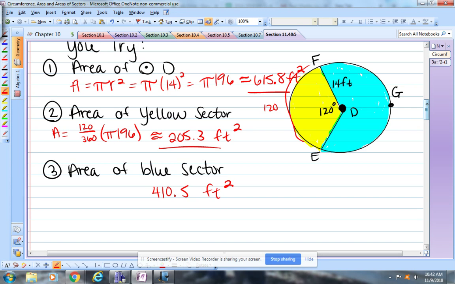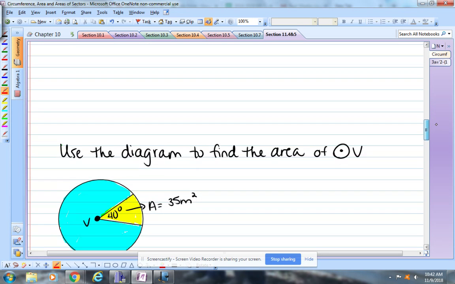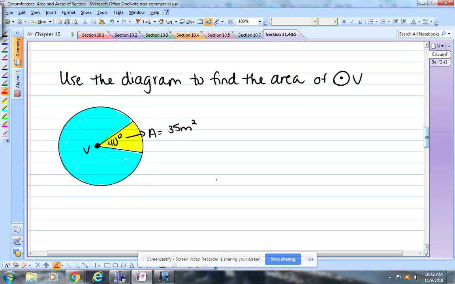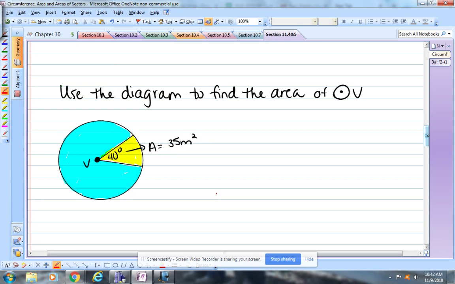So next we're going to kind of work it backwards. They're going to give us the area of the sector, and we're going to use that to find the area of the circle. So they give us the area of the little sector, or one of the sectors, and we'll use that to find the area of the circle. So remember the formula for area of the sector.